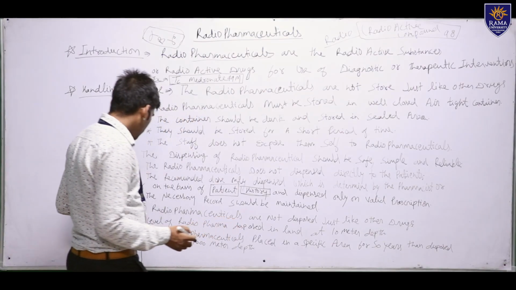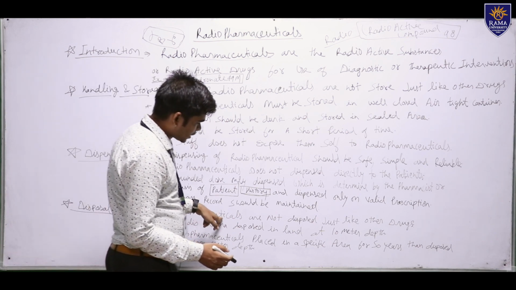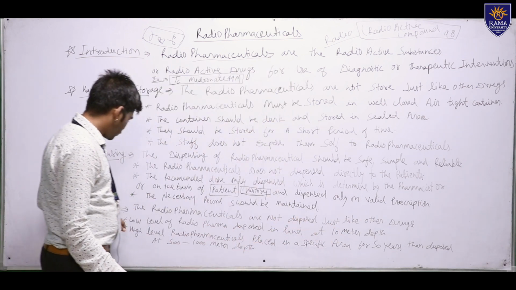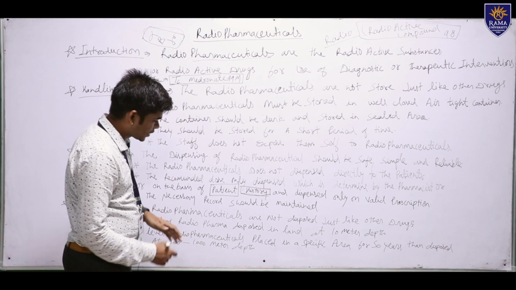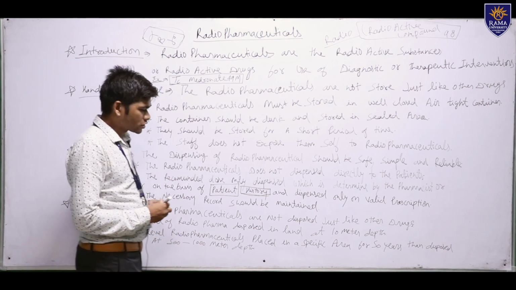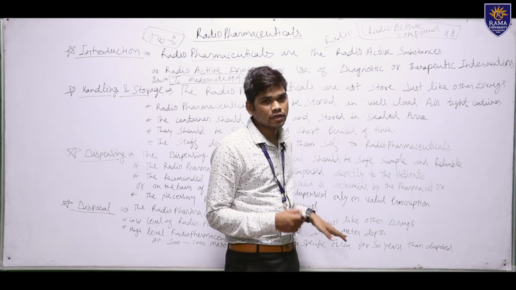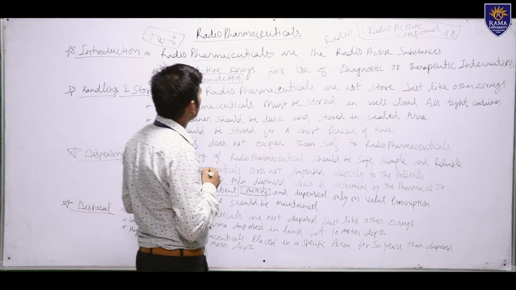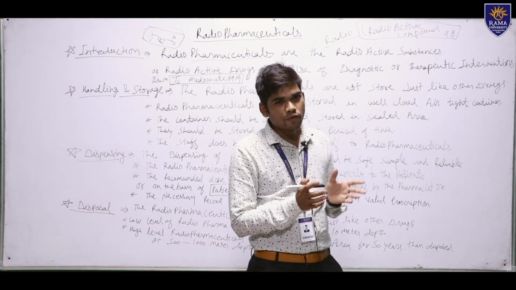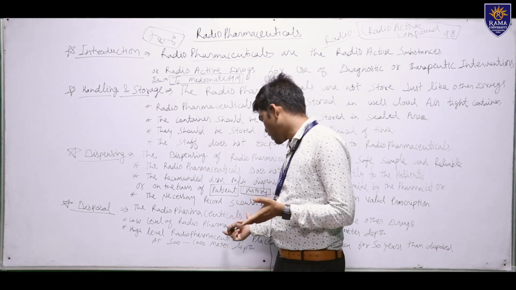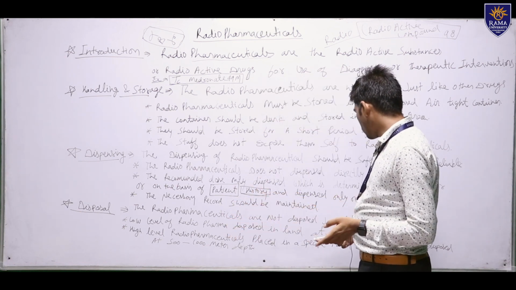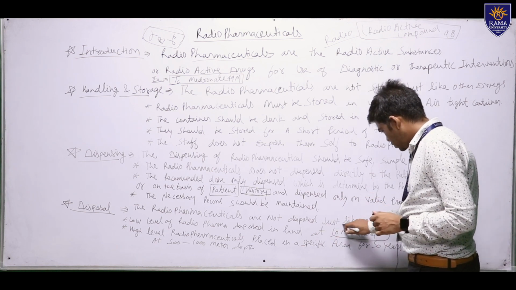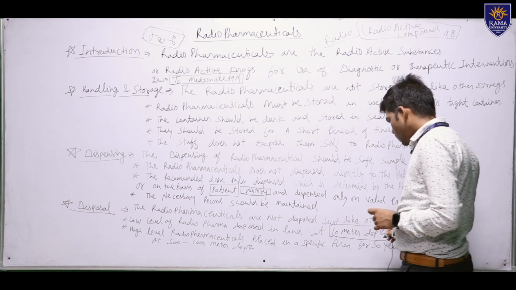First, low-level radiopharmaceuticals, those with low levels of radio waves, are disposed of in land at a depth of 10 meters.